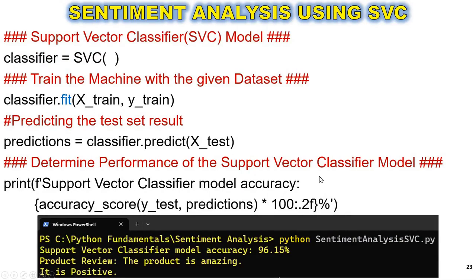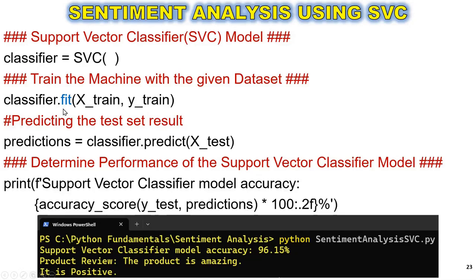In this command, we instantiate an object named classifier using the class SVC. This is the support vector classifier model. Next, we train the machine to learn from the given product reviews dataset by calling the method fit.